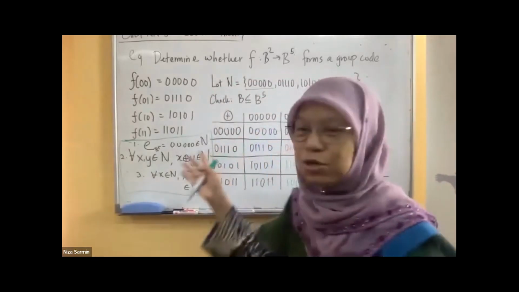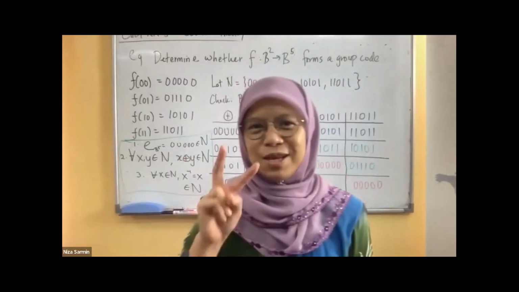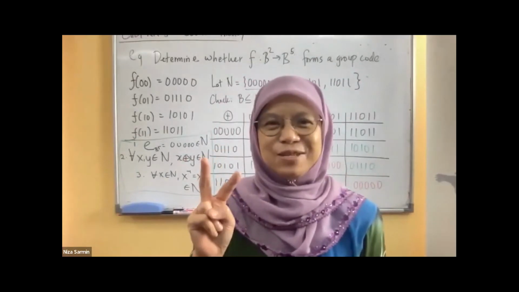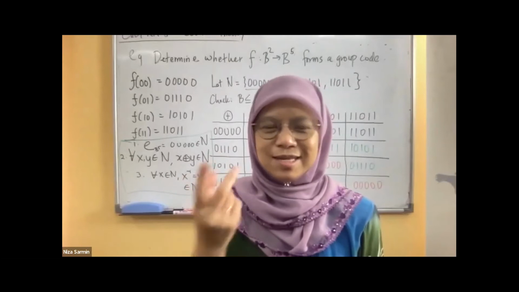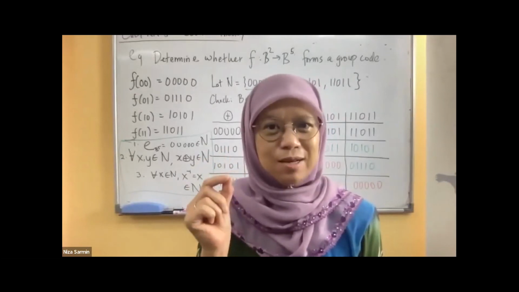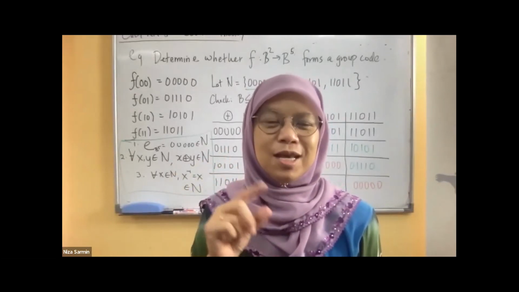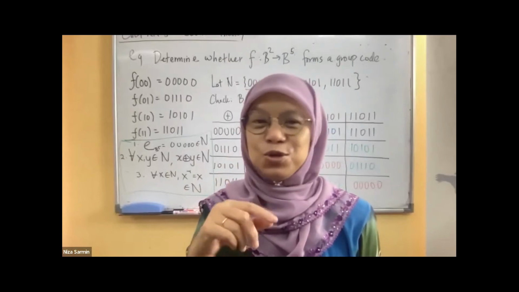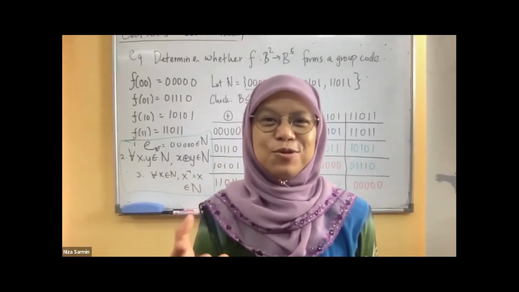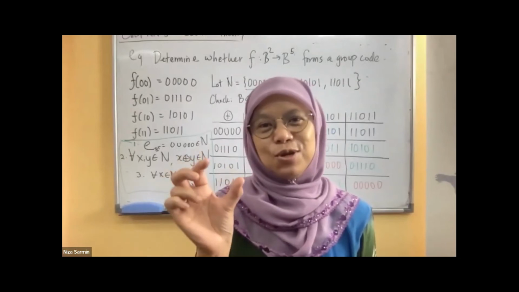When we want to show it is not a group code, we just take an example. Try to add and see whether the result is inside or not. If it is not, you straight away say it is not a group code because it's not closed.